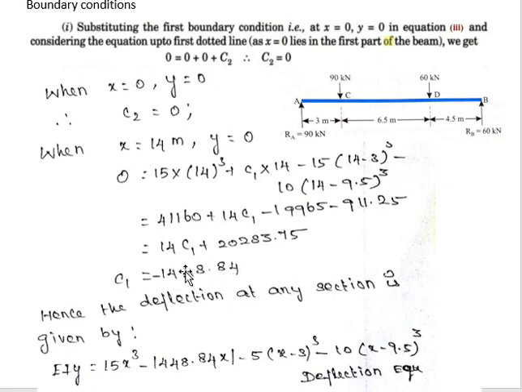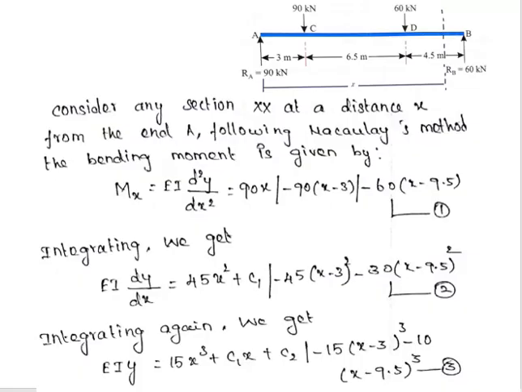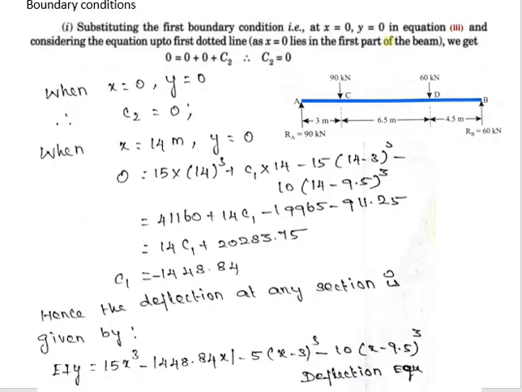This is a constant, so don't put any unit here. So we get the C2 and C1 values. Now you substitute these C1 and C2 values in the deflection equation. Finally, you get the deflection equation for any section in the beam.